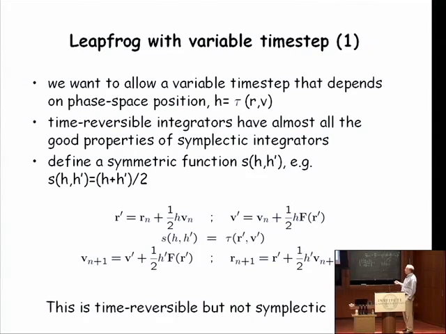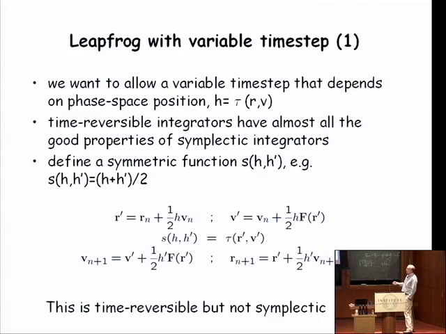Then I advance the velocity by half of a kick step, in contrast to the conventional leapfrog that advances a full kick step. Then I write down this symmetric function is equal to the time step that I would like. We've started off with some given time step, so I can solve this equation analytically with this function to get the new time step.